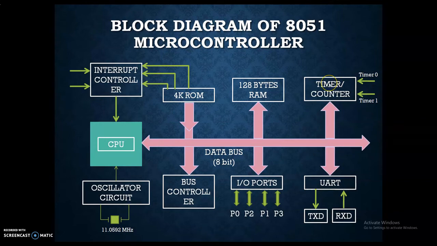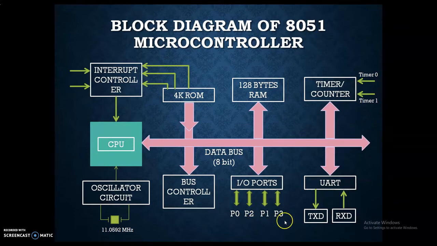As we have discussed, timer and counter operations are complementary operations, and here in the 8051 microcontroller, two timers are there, timer 1 and timer 0. This can also be said as two counters, counter 0 and counter 1. And in the lower portion we can see the bus control and IO ports, as we discussed in the previous slide, that there are 4 IO ports, namely P0, P1, P2 and P3.